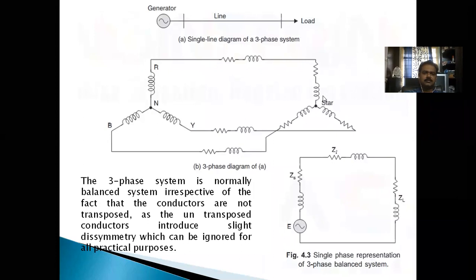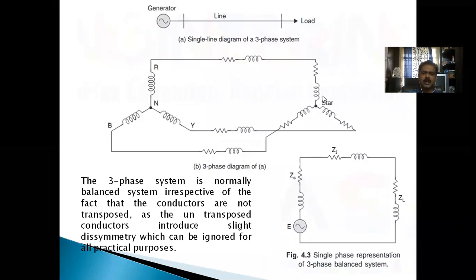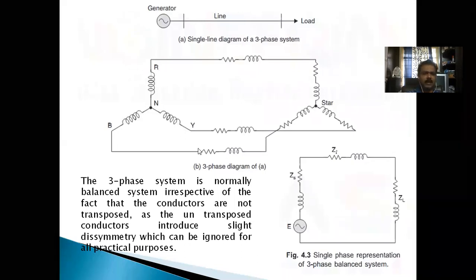We can consider all three transmission lines as a single transmission line, the total load as a single load, and the total generation as a single generator. If we represent it in this fashion, that becomes a single line diagram. A single line diagram is very important in power systems. In power system analysis, we use the same type of representations. This we have to remember.